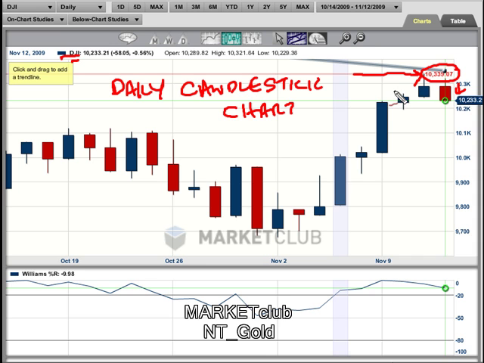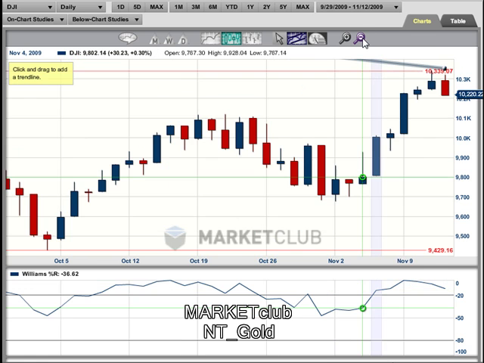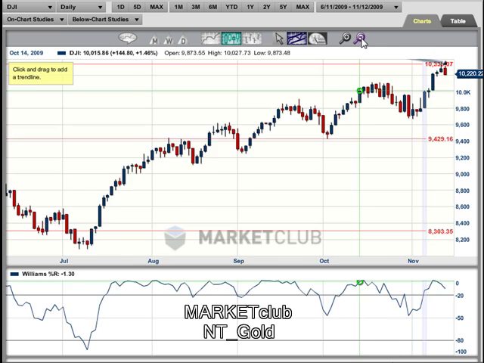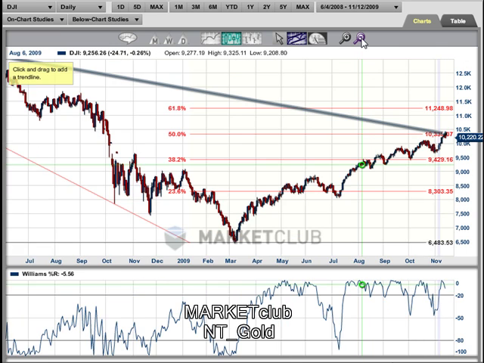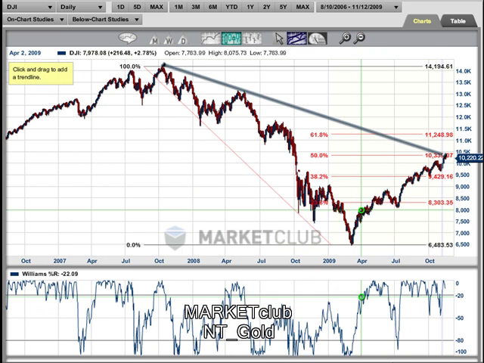But what's also important is this line right here. Now you can just barely see it, so I'm going to take everything off the screen and scope this out to show you how important this line is. As we keep going out, you can see we're going from the highs right here.